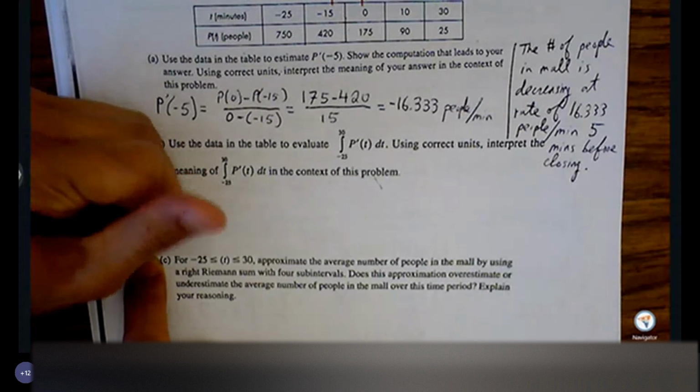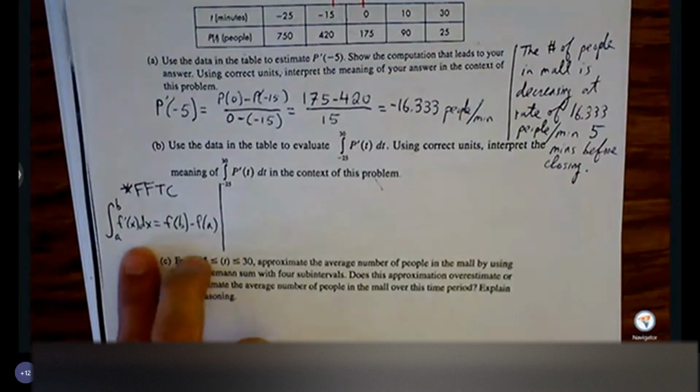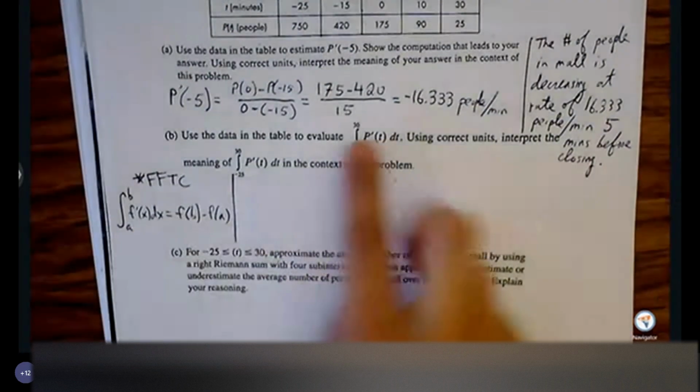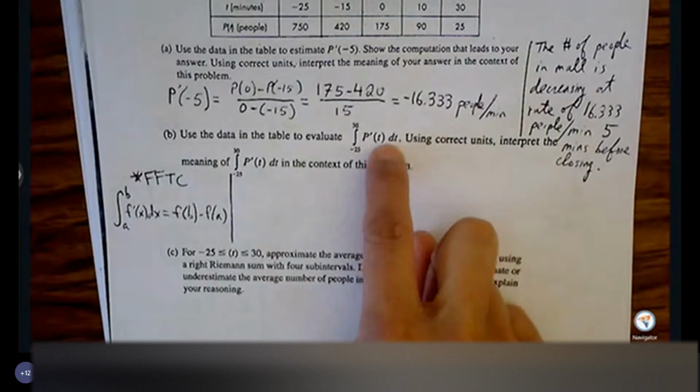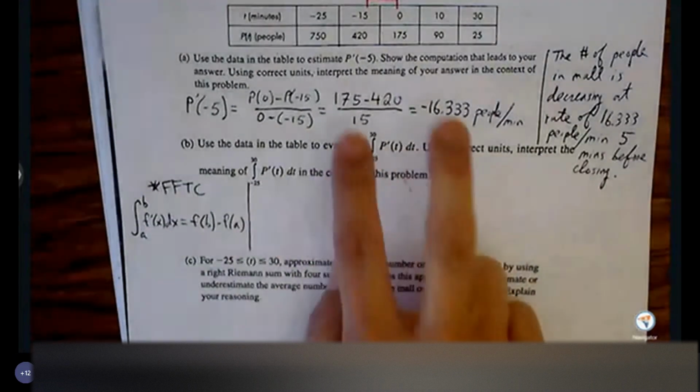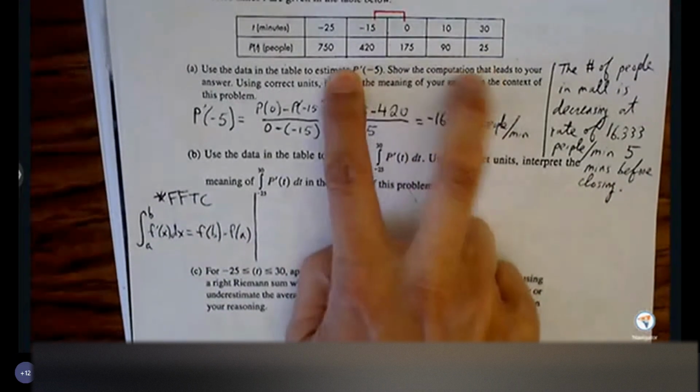That's on your formula sheet, right? That's just a variation of the first fundamental theorem. So we can take this application and apply it for this problem. Because if I can transform P prime into P of t, then I have data for me to use.